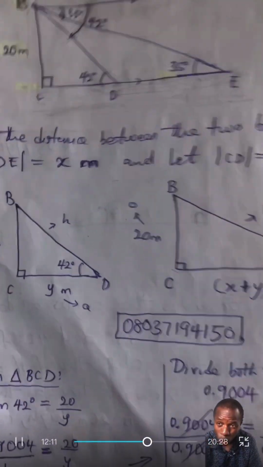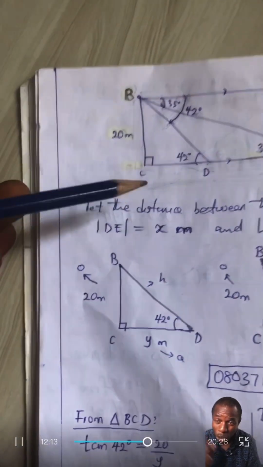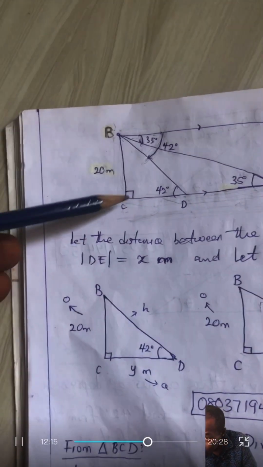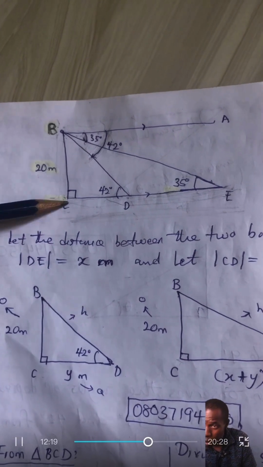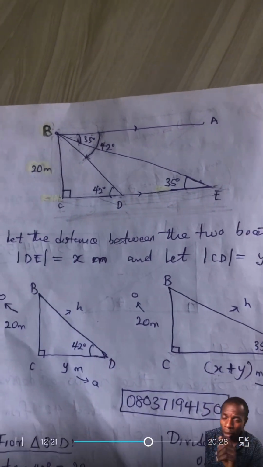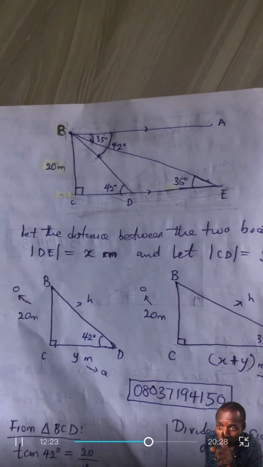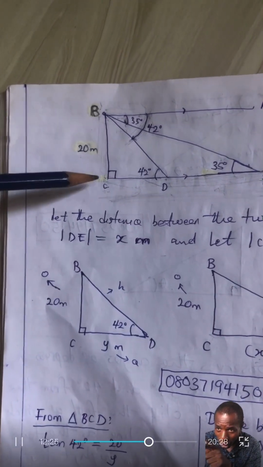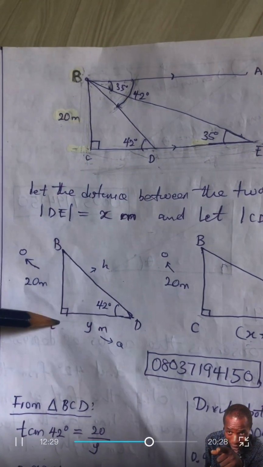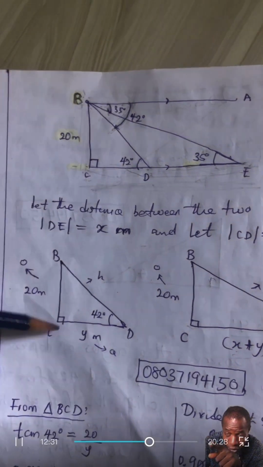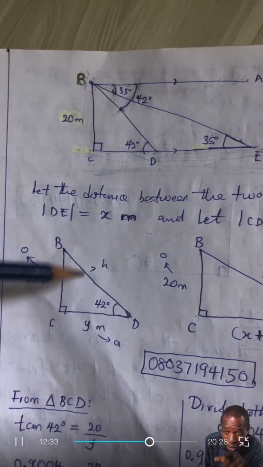Now, if you look at this shape, it has three triangles. Out of the three triangles, two are right angled triangles. Let us focus on those two that are right angled with respect to C, because angle 90 is formed at C. The first one is BCD. We have that here. So angle 90 is at C, and that makes this triangle a right angle triangle.